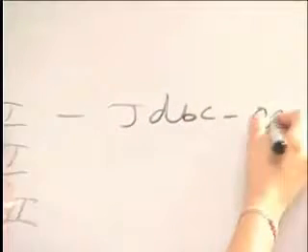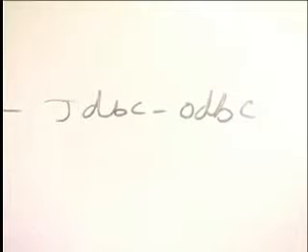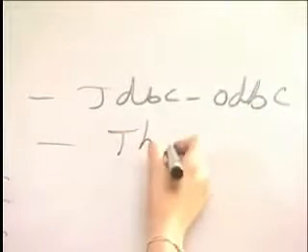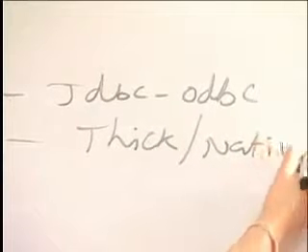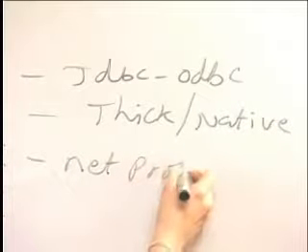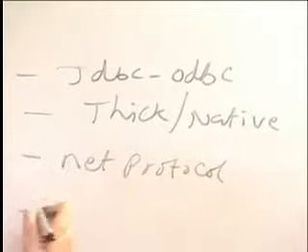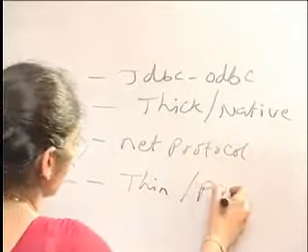Type 1 driver is known as the JDBC ODBC driver, that's the JDBC ODBC bridge. Type 2 is the thick driver, or also known as the native driver. Type 3 is the net protocol driver. Type 4 is the thin or the pure driver.